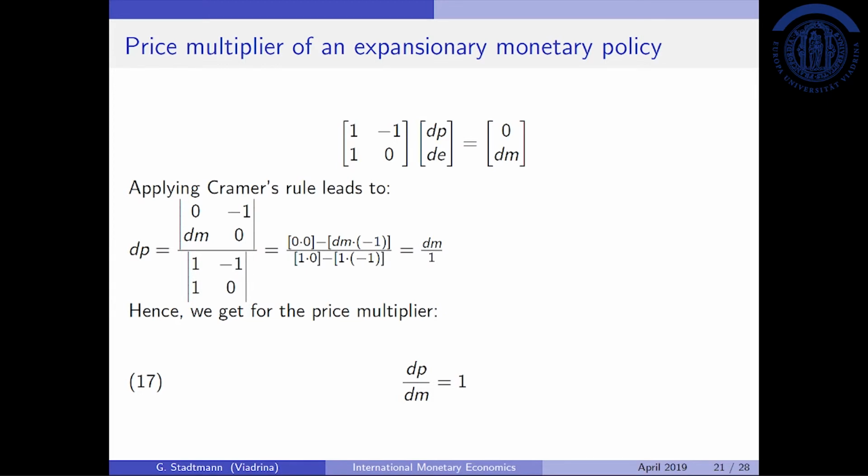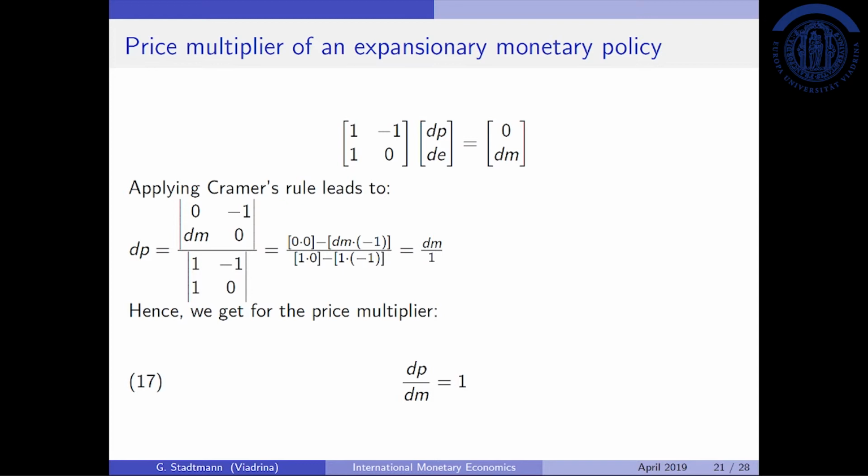Let's compute the determinant of the numerator. We multiply through the elements on the main diagonal, 0 times 0, minus the elements on the side diagonal, dm times -1. This gives us a dm in the numerator of this fraction. The determinant of the denominator is computed in the same way.